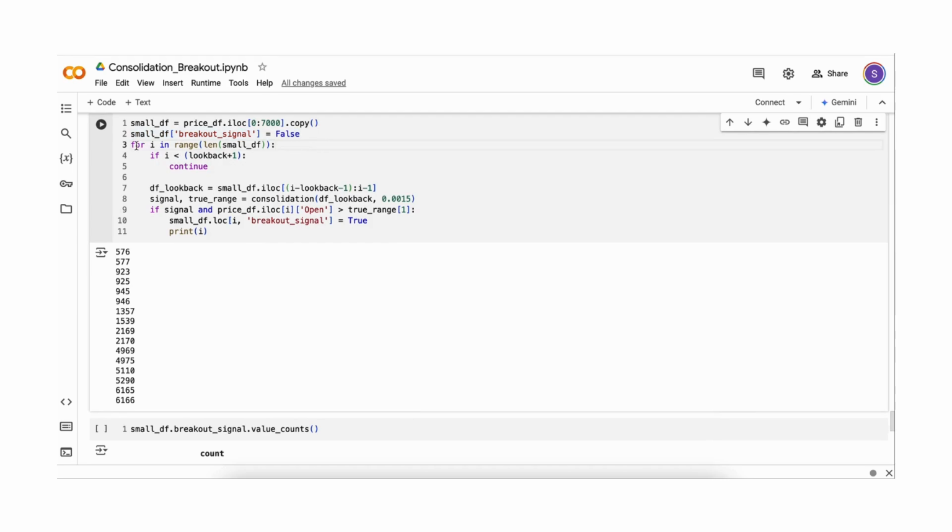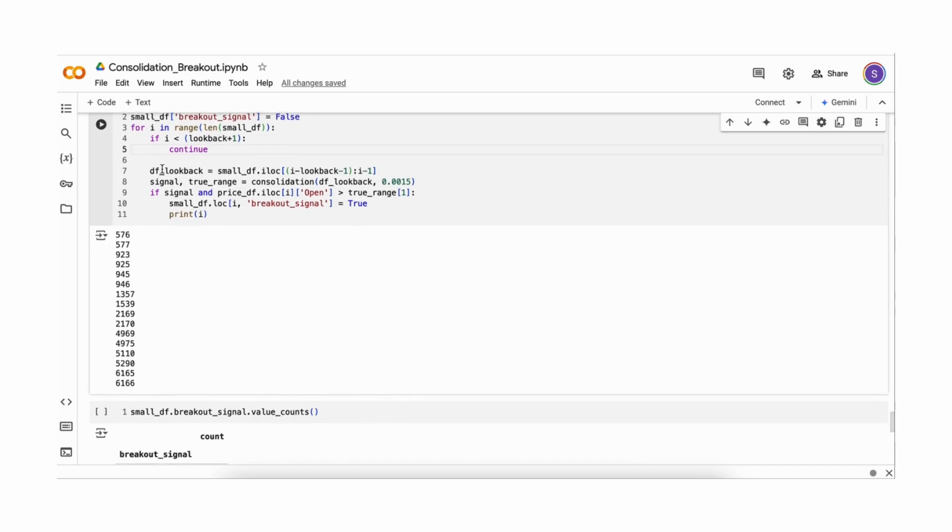Then we iterate through all the rows of this data frame, and if we don't have enough rows to look back, we simply continue. We define the look back as 14, but it's a parameter that you can optimize depending on your data, though we haven't done it here. Then we take this small data frame, which we call TF look back, which is the last 14 data points, and we call this consolidated.